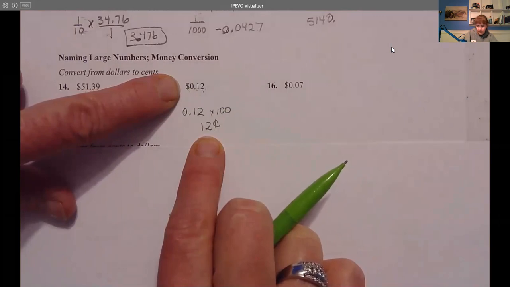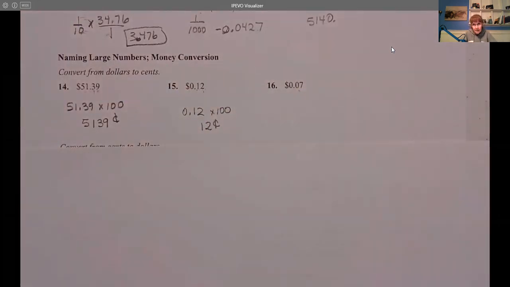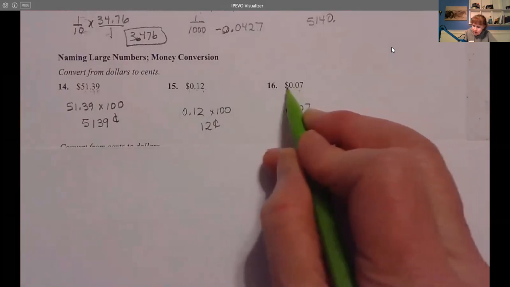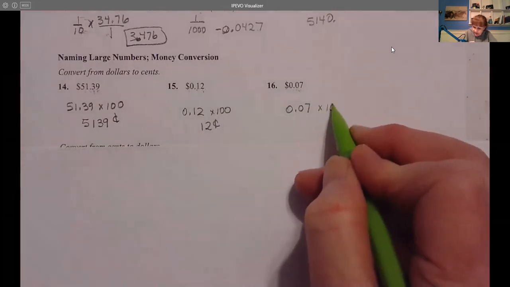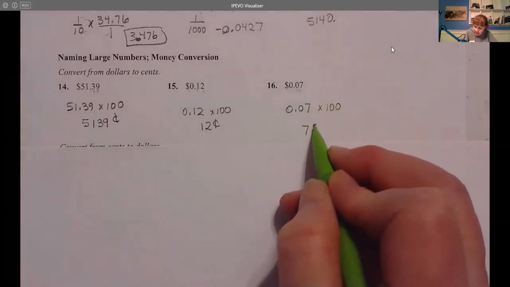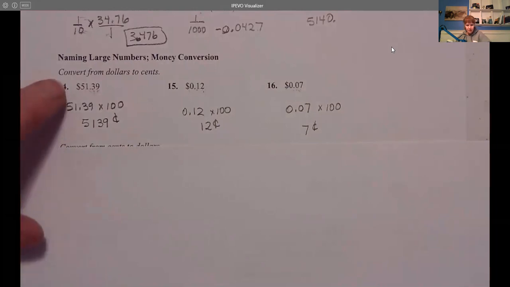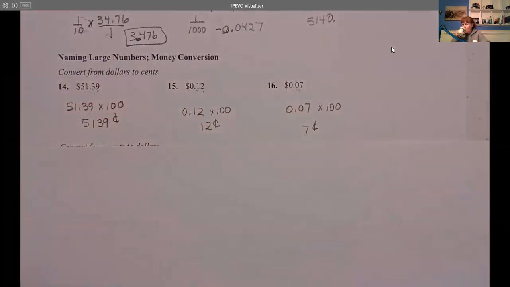Multiply by 100. So don't get those mixed up. Here, we read it as 7 cents. But here we'll multiply by 100 to change this dollar notation, $0.07, to cents. And we'll end up with 7 cents. So to go from dollars to cents, you multiply by 100 and change your units from a dollar sign to a cent sign.